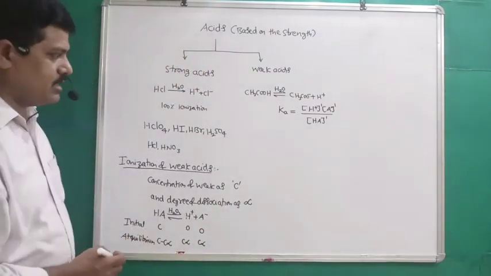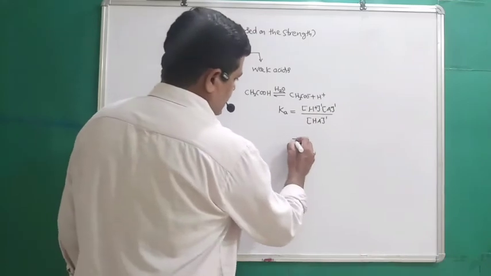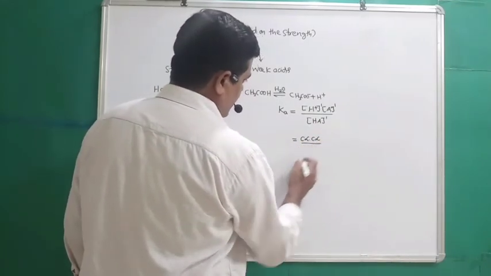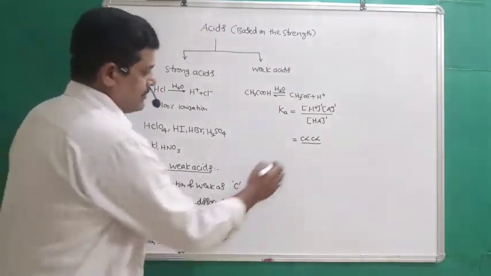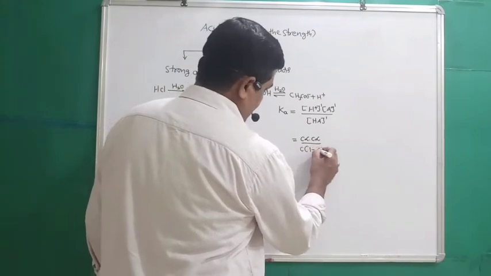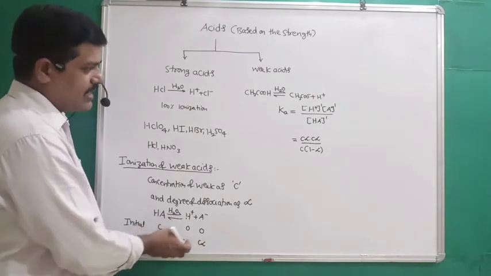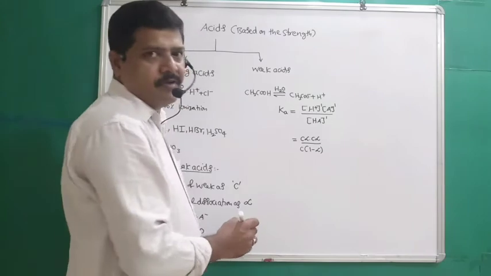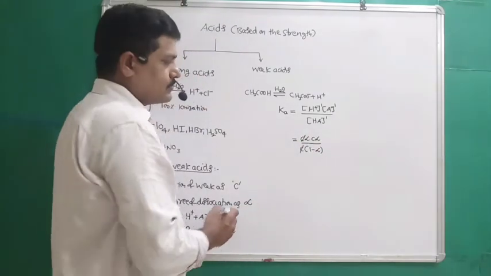Let us substitute the concentration values in terms of C alpha. That is C alpha into C alpha divided by HA. The acid concentration at equilibrium is C into 1 minus alpha. From the term C minus C alpha, we take C as common, then we get 1 minus alpha, right? So one C will get cancelled.